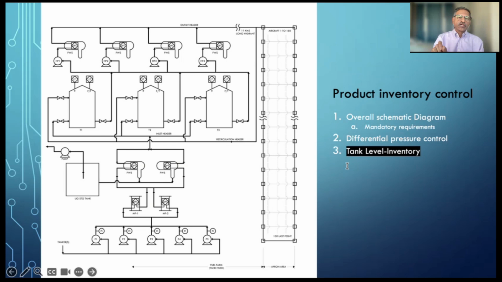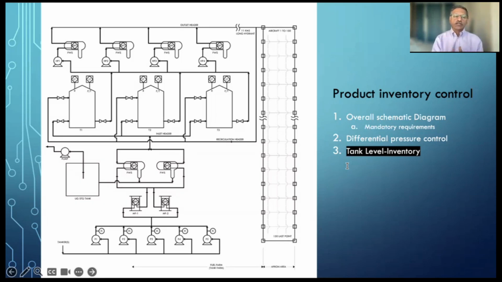That is one of the principles: in critical cases or critical product parameters, you will always have two instruments, so if one fails, the other one is still available for you. So that is the tank inventory.